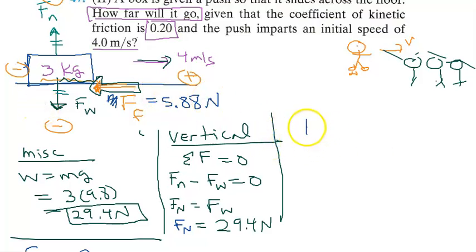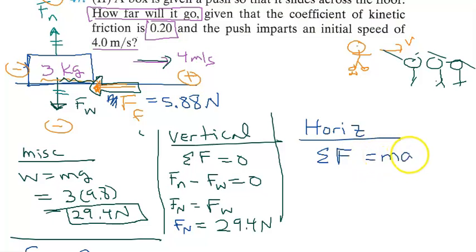Now we're going to do horizontal. Horizontally, the forces can't be balanced because you only have a single force. There's no way a single force can add to 0 unless it doesn't exist. So horizontally, the sum of the forces equals MA. The reason those plus and minus signs are nice is, oops, that should have been a minus sign.